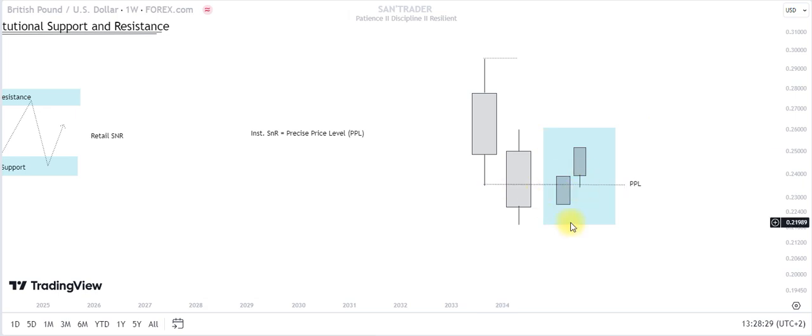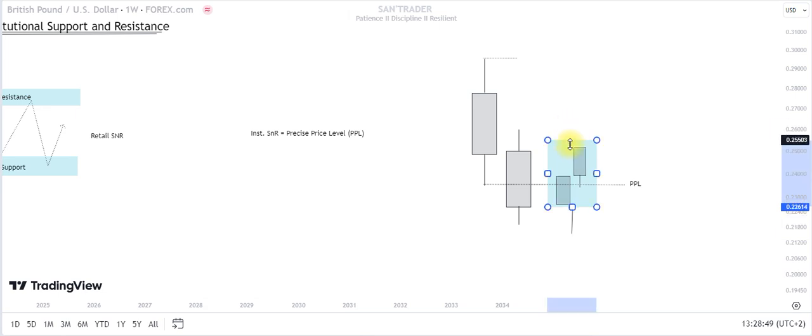So now this is our weekly candle, right? This big one. Let's say it went down first and is still active.